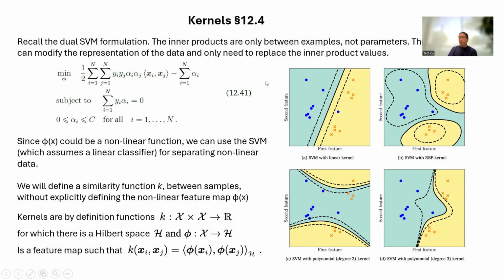And it turns out that in machine learning, there are multiple problems that have this same phenomenon, that the only place that the data shows up is when it is being inner product with other data elements.